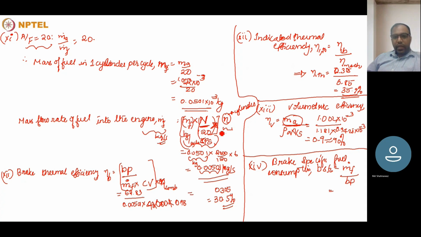Mass flow rate of the fuel, taking into consideration the 4-stroke engine and the 6 cylinder engine, the total mass flow rate of the fuel is equal to 0.0501 divided by the brake power. So this quantity is kilogram per second. Brake power we get as 62.83.